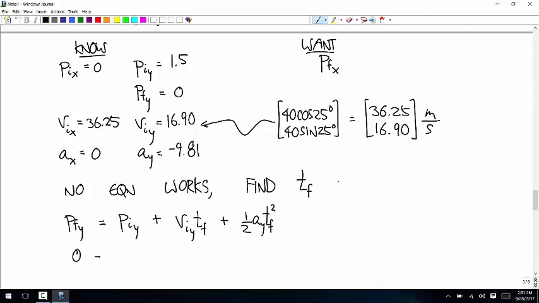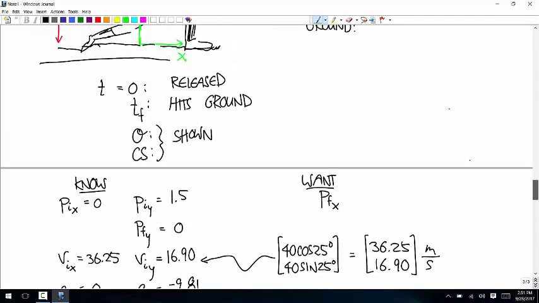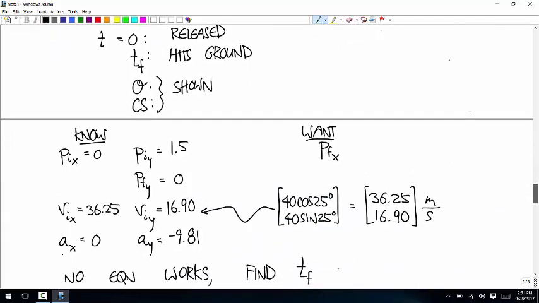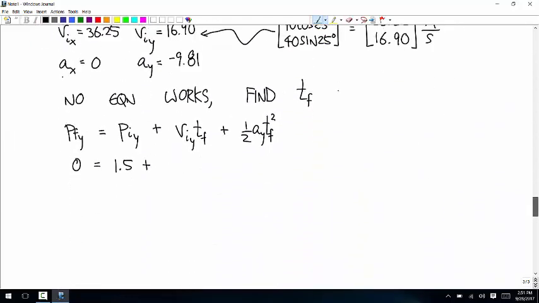So 0 is equal to 1.5 plus viy was 16.90, and then 1/2 times negative 9.81 is negative 4.905 tf squared.